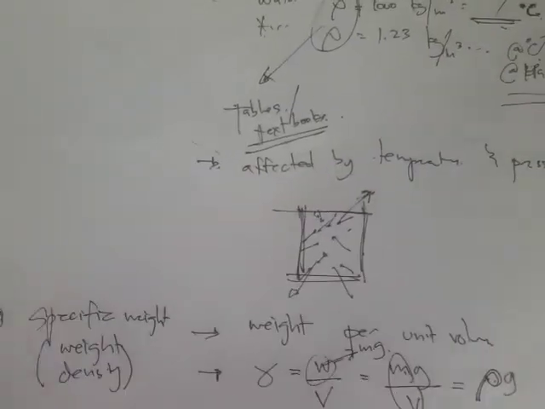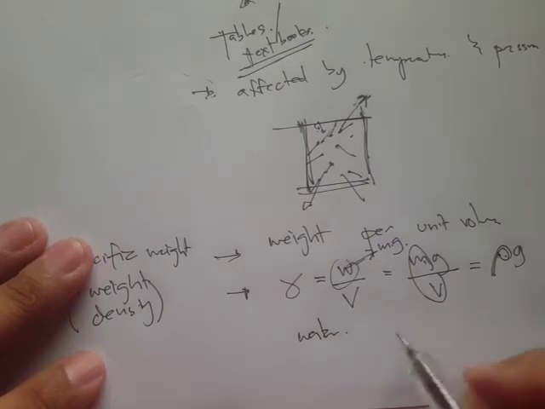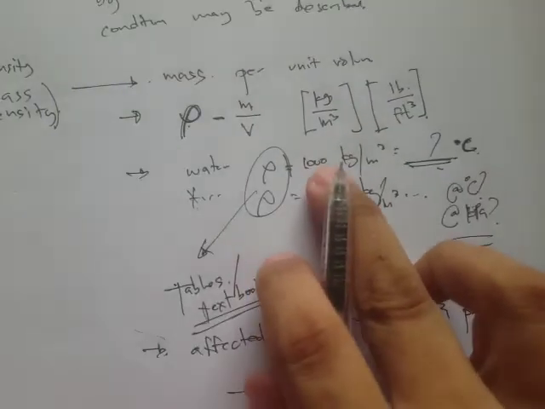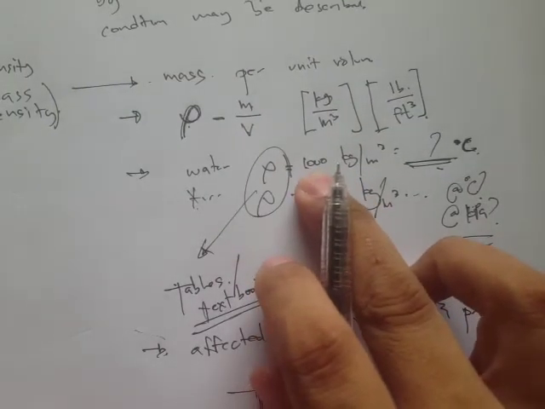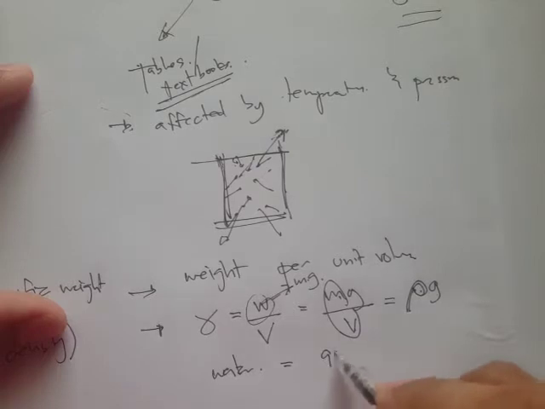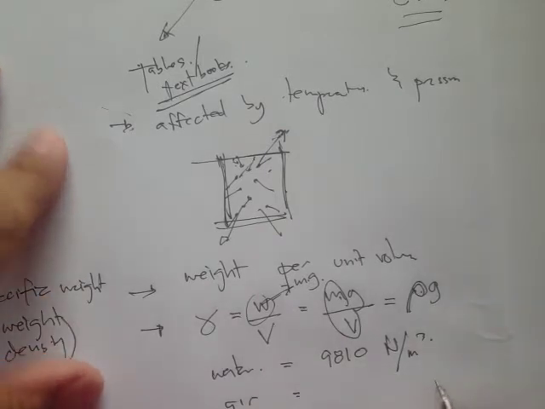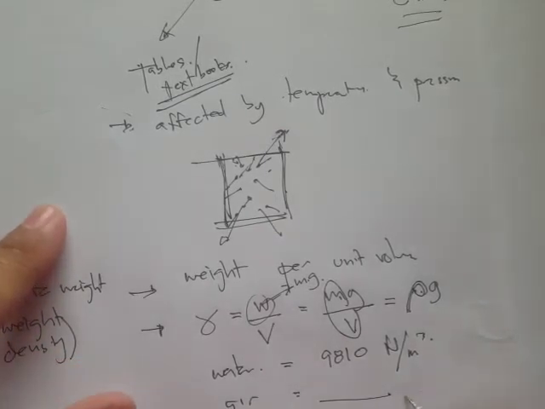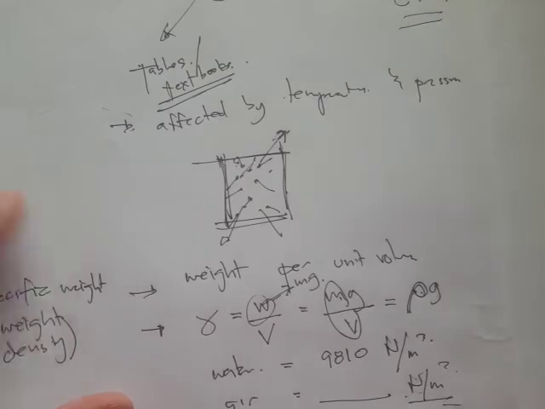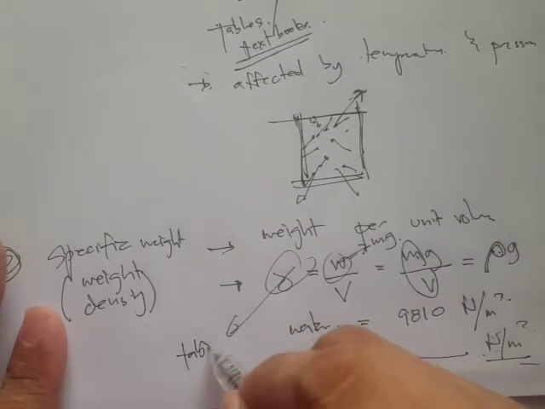Therefore for water, with 1000 for the mass density, its weight density would be times 9.81, that would be 9,810 newtons per meter cube. For air, you also multiply by 9.81 and you get the value. But again, you can find this in the tables.